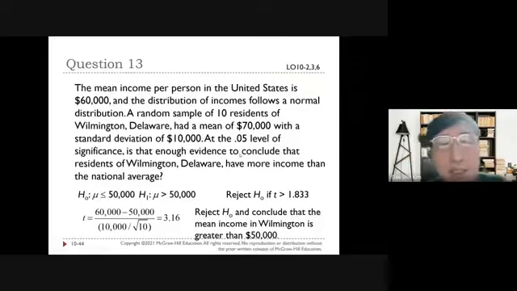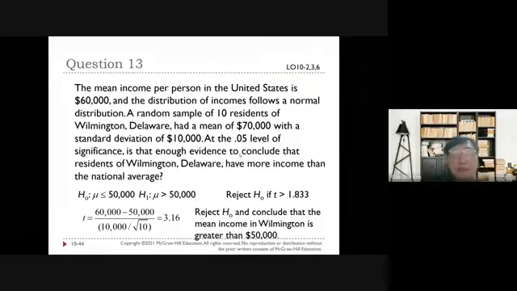The mean income per person in the United States is 60,000. Income distribution follows a normal distribution. A random sample of 10 residents of Wilmington, Delaware, had a mean of 70,000 with a standard deviation of 10,000.